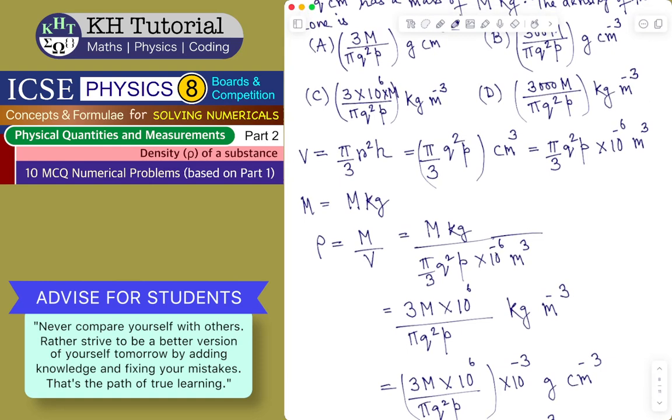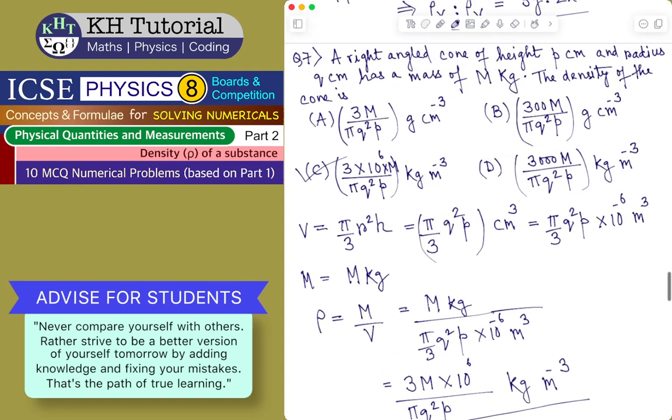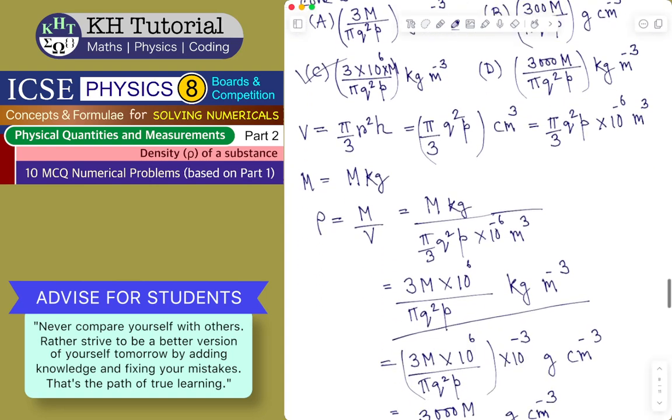The only choice which is matching is C, even though the capital M was missing in the given choice. So this is the correct choice: 3M multiplied by 10 to the power 6 divided by pi q square p kilogram per meter cube. This is the density of the cone in SI unit.